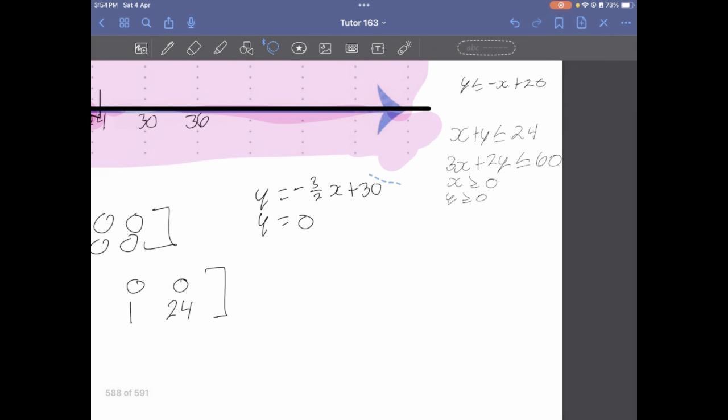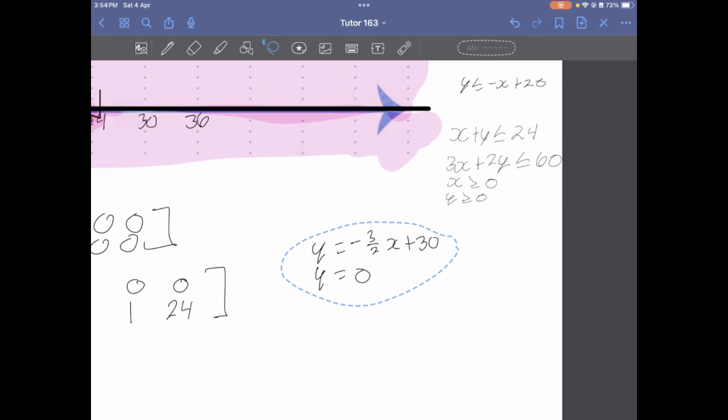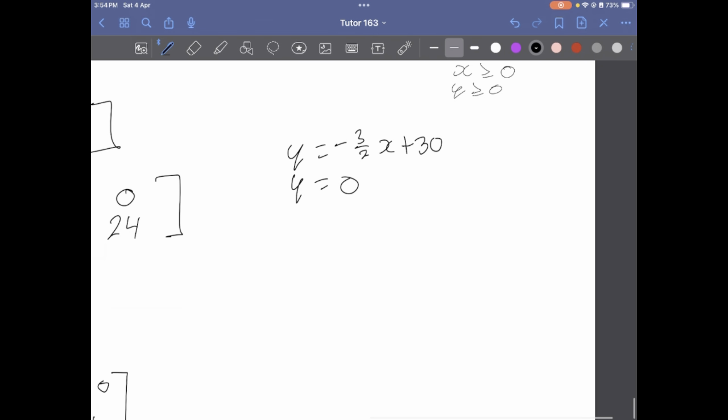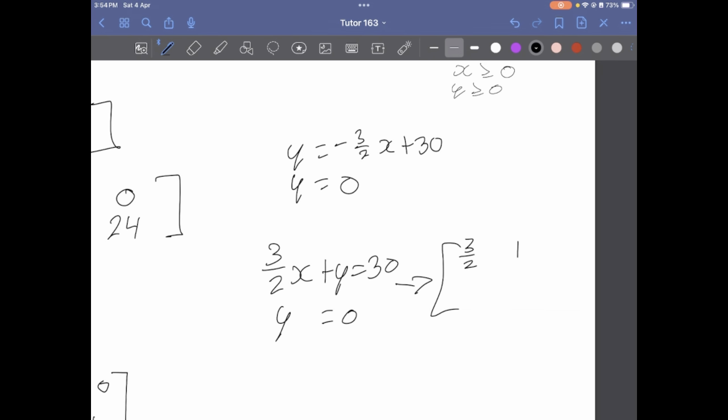Now up here, you have 3 over 2 x plus y is equal to 30, and then y is equal to 0. Put it in our box: 3 over 2, 1, 30, x is 0, y is 1, 0.